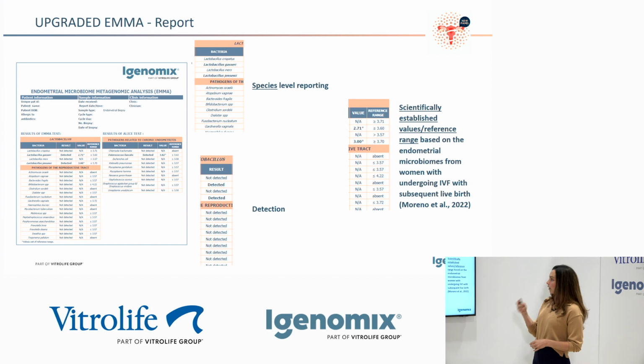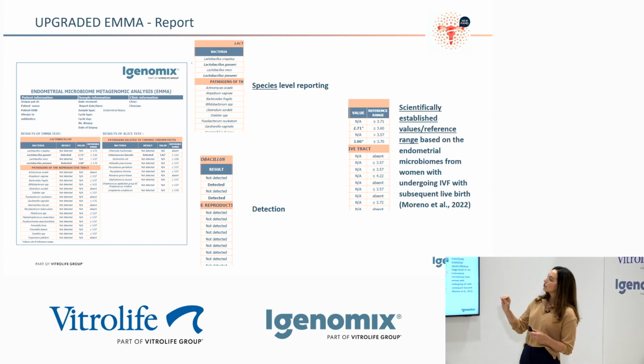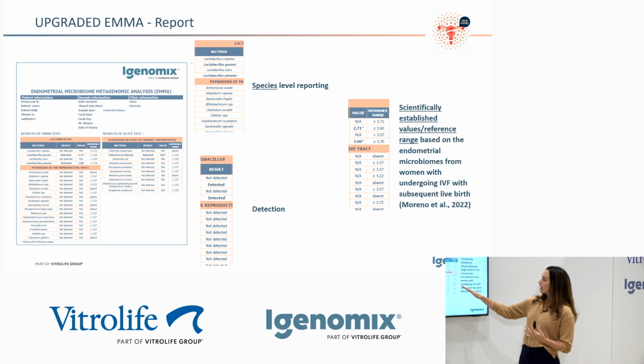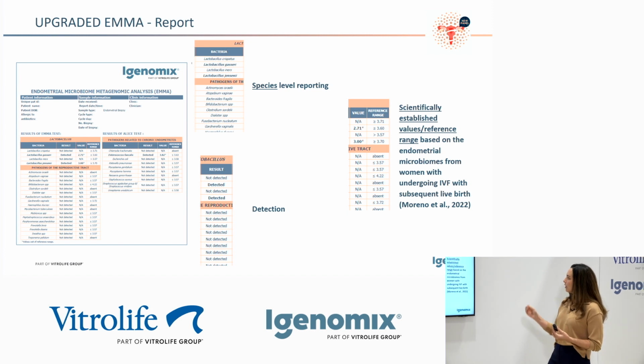One thing I do want to point out on our reports, which is specific to iGenomics, and is based upon our scientific experience with the endometrial microbiome, is that we do not just indicate whether a bacteria is detected or not detected, but we supply a reference range and give a corresponding value for that endometrial biopsy sample. Why is this important?